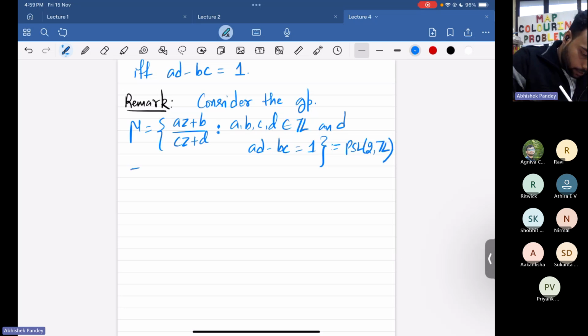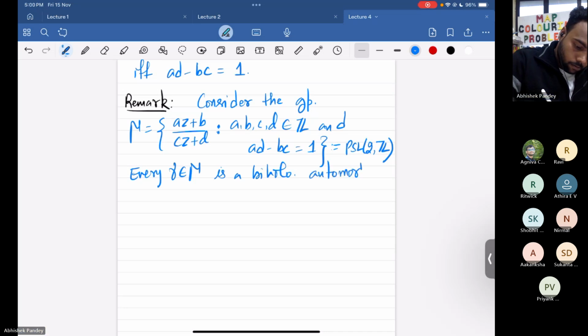So basically every element is a biholomorphic map of the upper half plane.